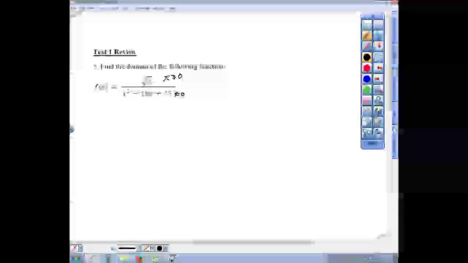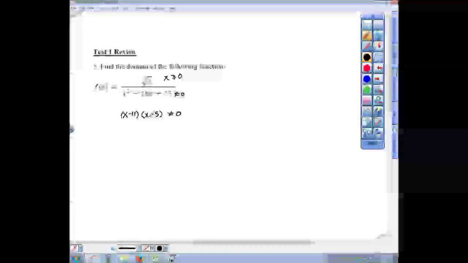Now, the top part's pretty much done. X has to be greater than or equal to 0 in order for this to work, the numerator. But what about the denominator? X squared minus 16x plus 55. We're going to have to factor that. So two numbers that multiply to positive 55 that add to negative 16. That's going to be negative 11 and negative 5.